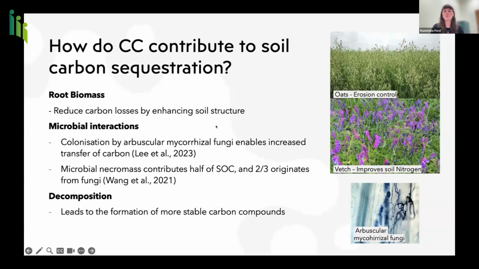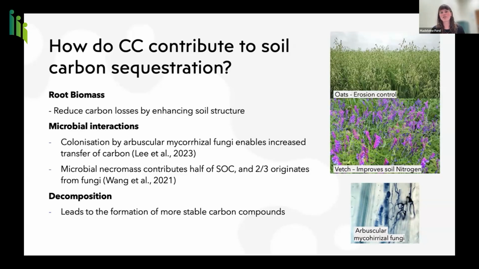So how do cover crops contribute to soil carbon sequestration? Basically, the root biomass of the cover crops is going into the soil and enhancing the soil structure. It's helping aggregates to build, and microbial interactions between the cover crops, the roots, and arbuscular mycorrhizal fungi can enable increased transfer of carbon.